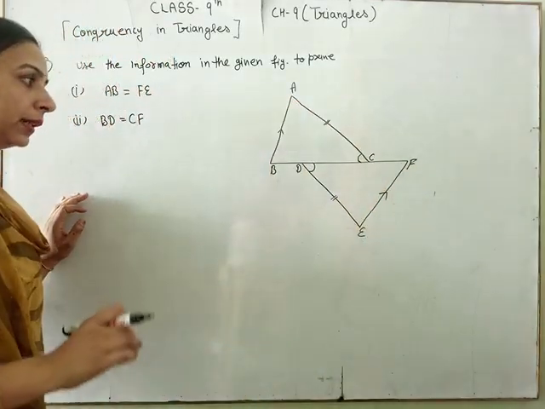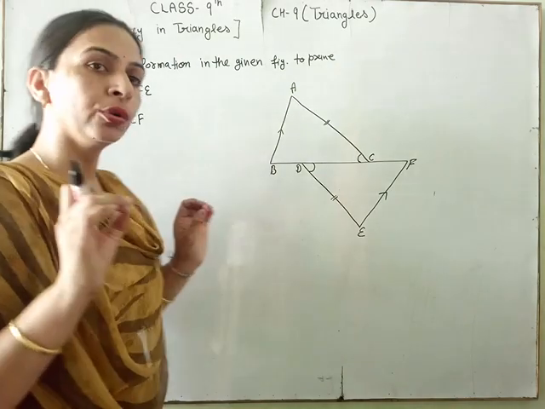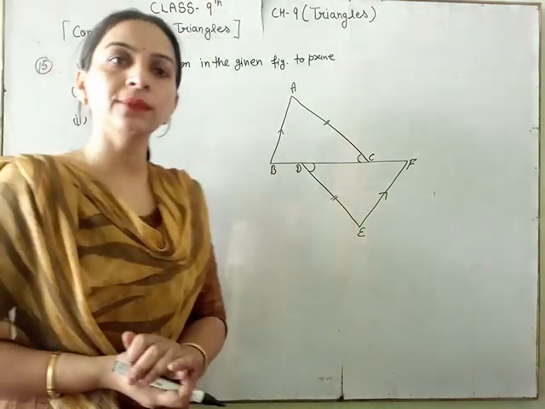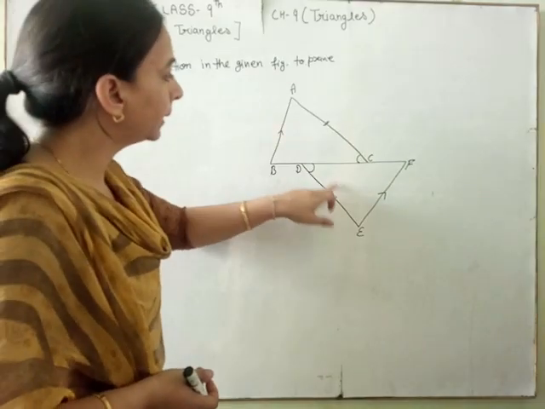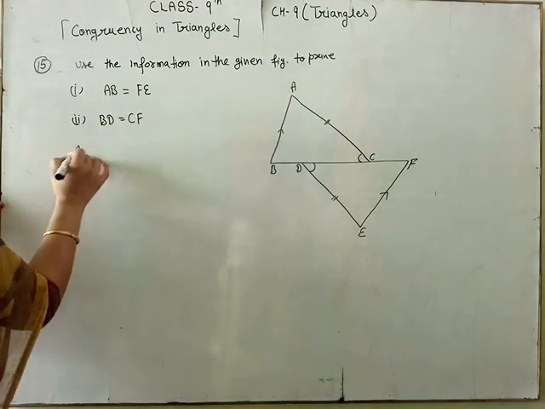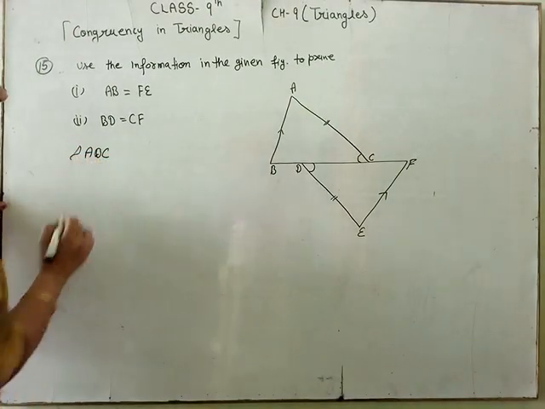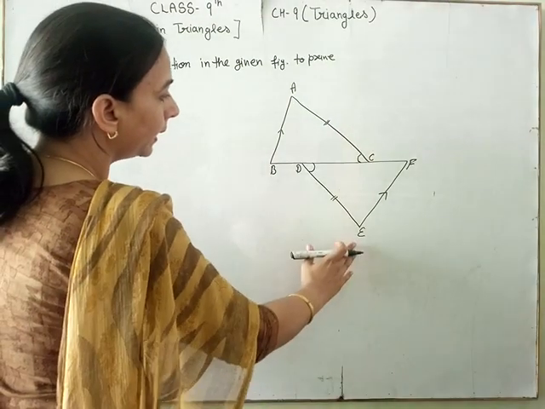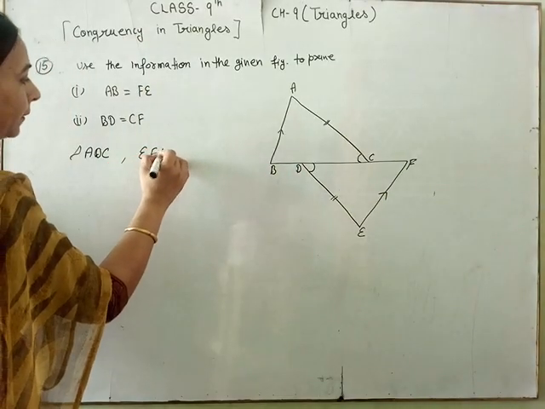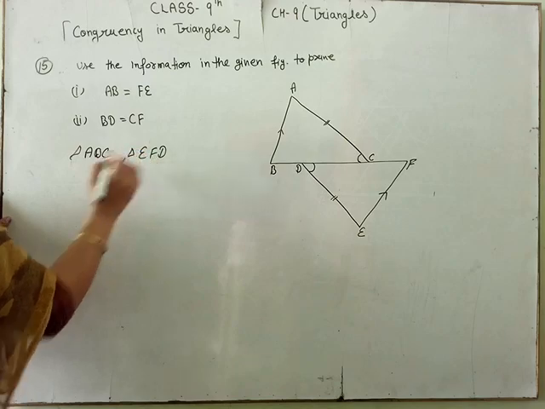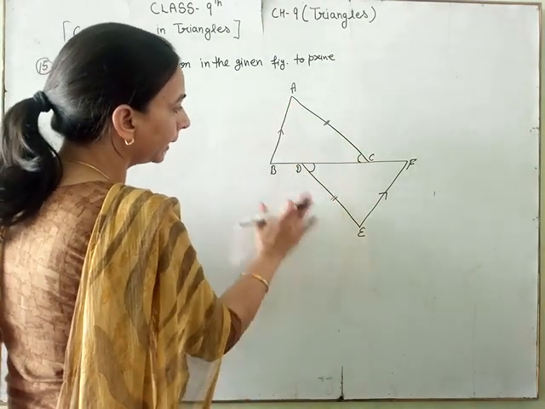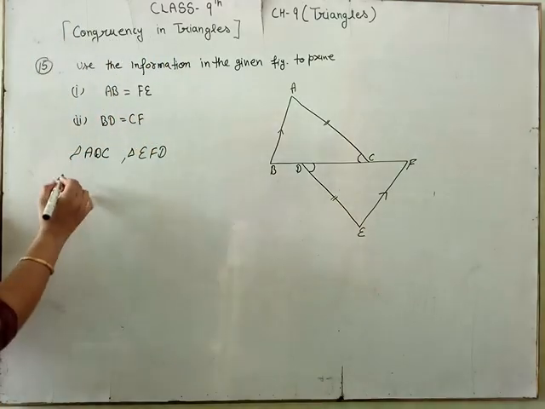For showing this, first we find the two triangles in this figure and show that they are congruent. These two triangles are triangle ABC and triangle EFD. First, in this triangle AC and in this triangle ED, both are equal, given.